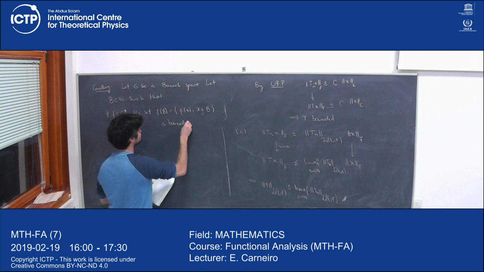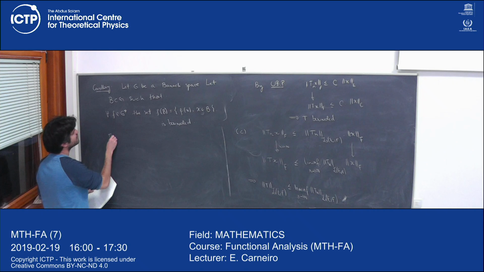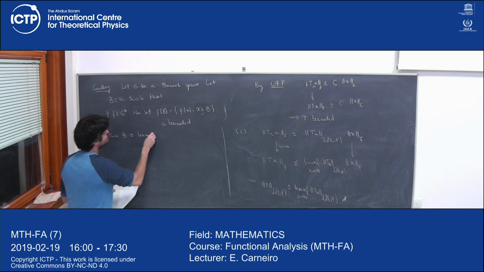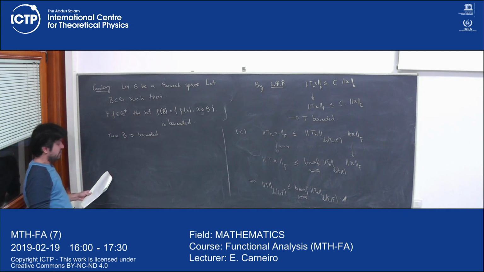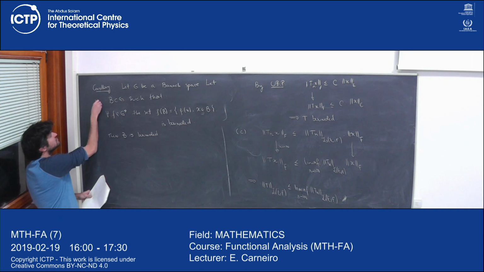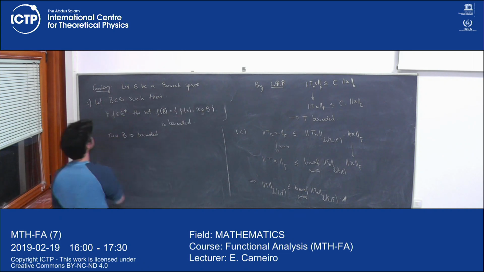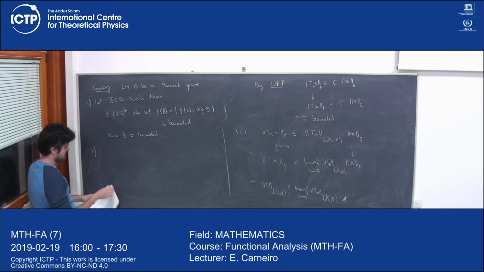Assume this, then B is bounded. This is one. There are two parts, and then you prove the other one.